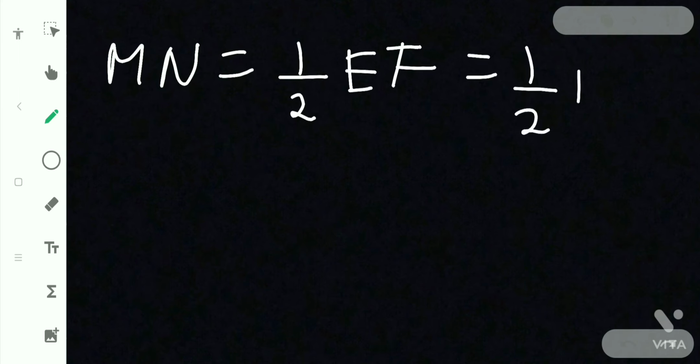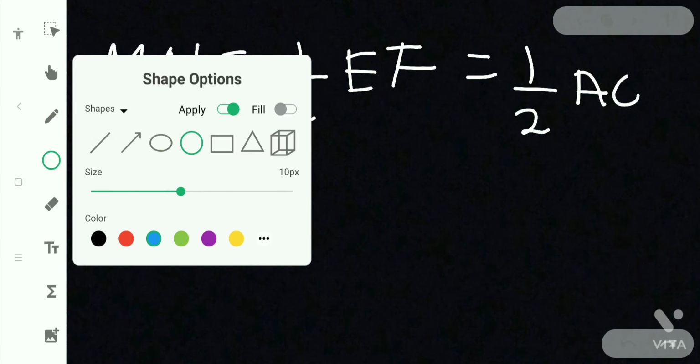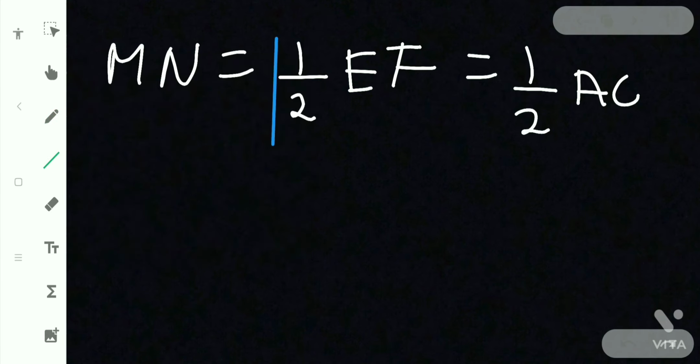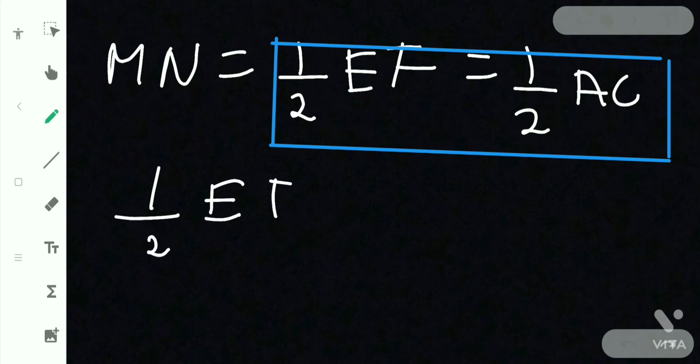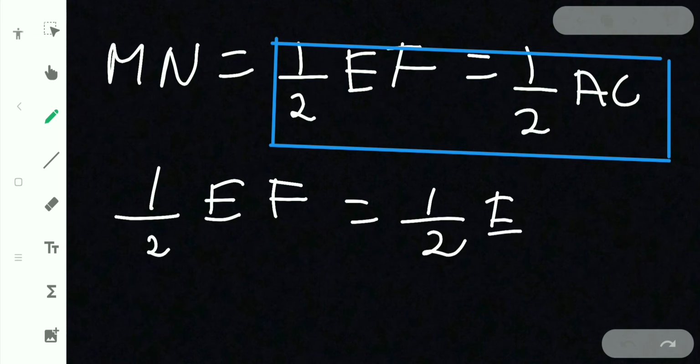Now just ignore the MN. So half of EF is equal to half of AC.